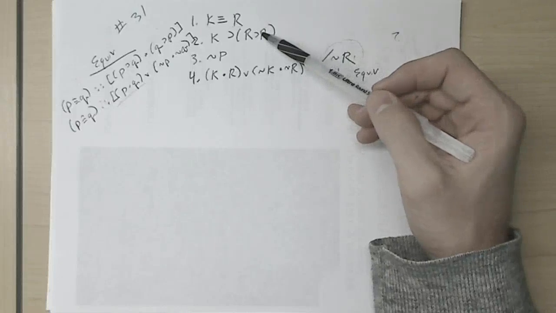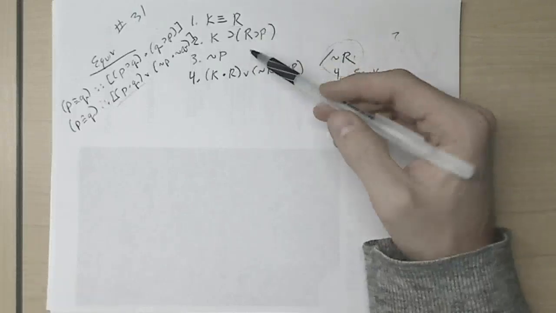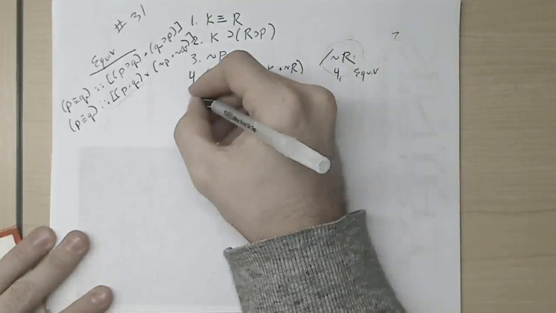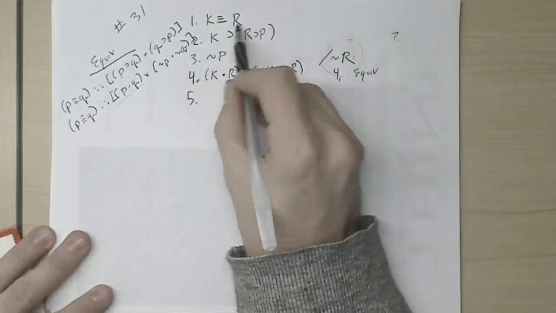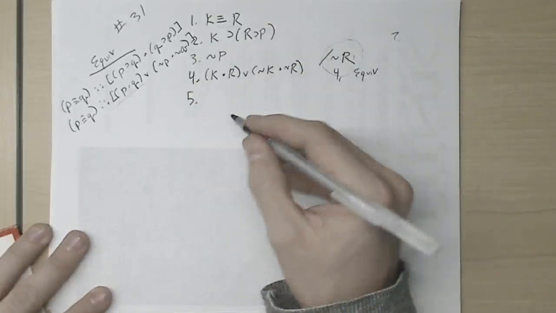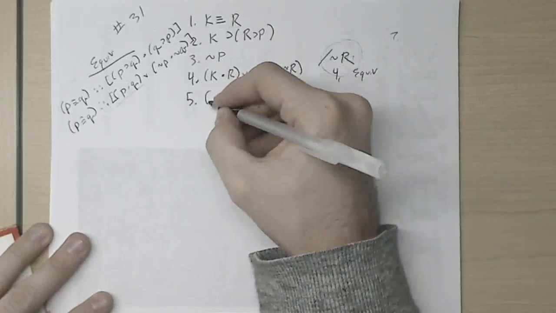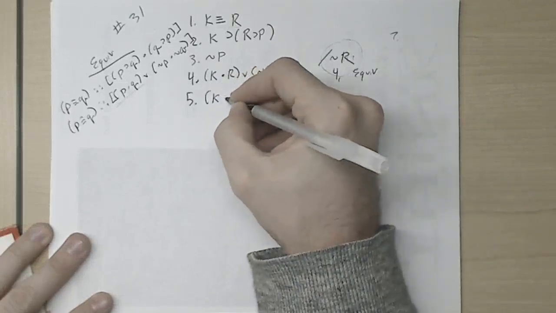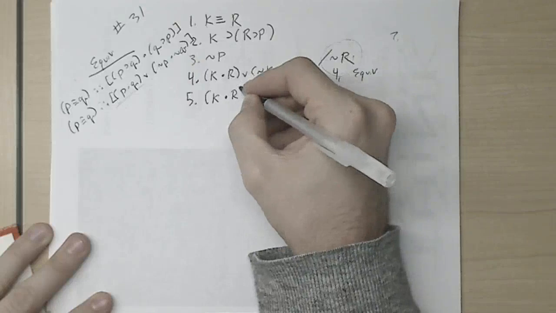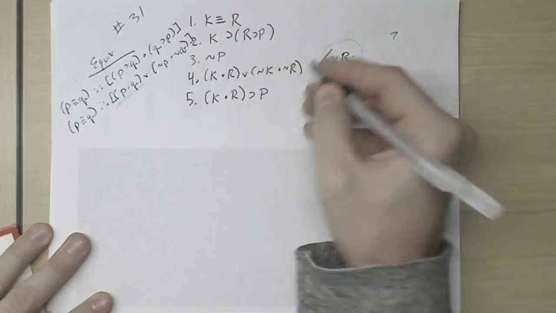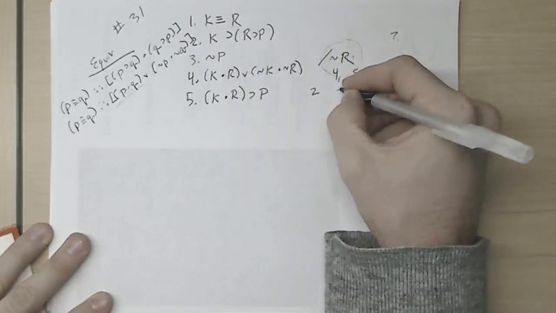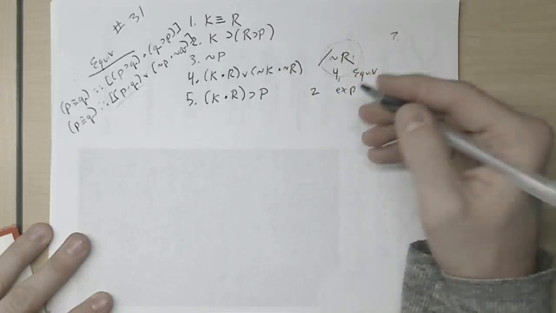And the answer is that's exportation. So let's do an exportation, because if you ever see that you have a substitution instance, just do it. Because what you're going to end up with here is K and R, then P. And that's line 2, exportation, okay?